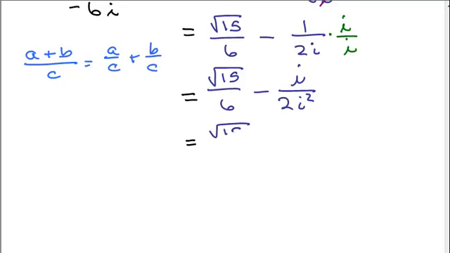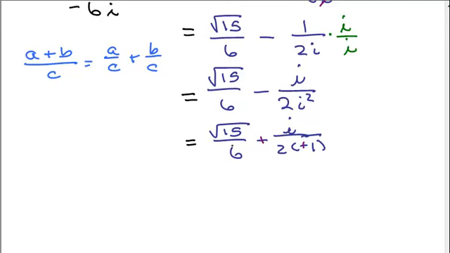Keep bringing this down. So I have minus i over negative 2, because that's what i squared actually equals. Now that negative is going to cancel with this negative, or you could just say, well, minus a negative is a positive, all right?